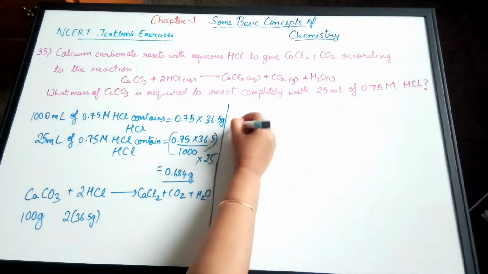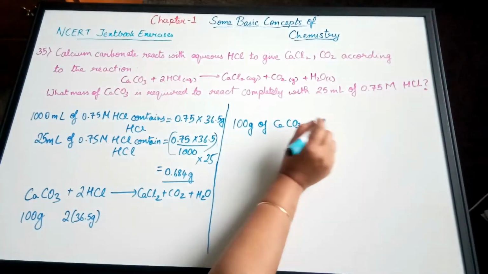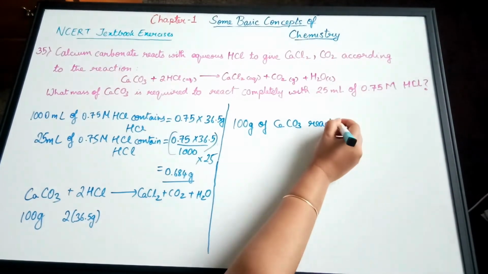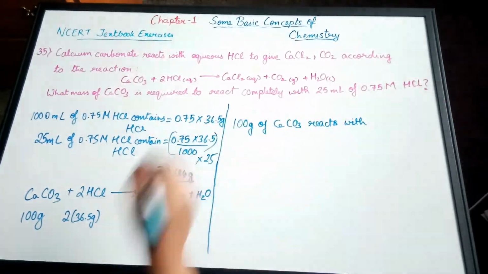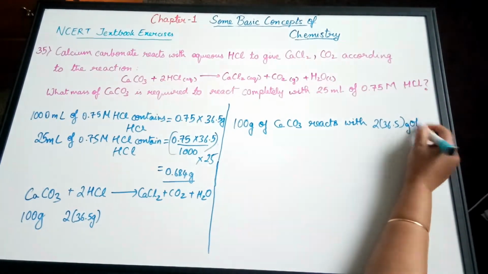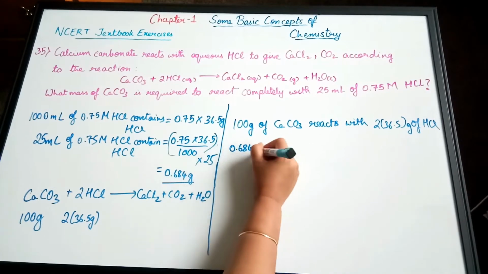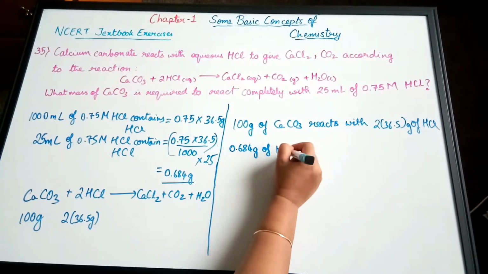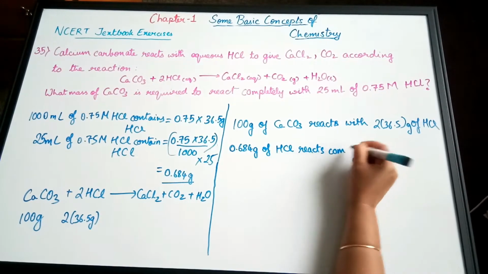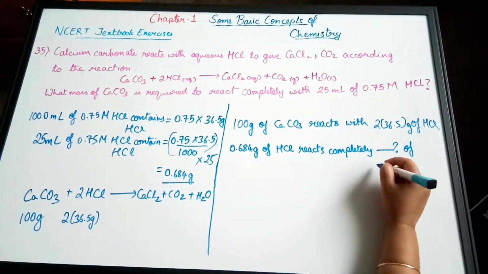Now we know 100 grams of CaCO3 reacts with 2 into 36.5 grams of HCl. So 0.684 grams of HCl reacts completely with how much calcium carbonate?